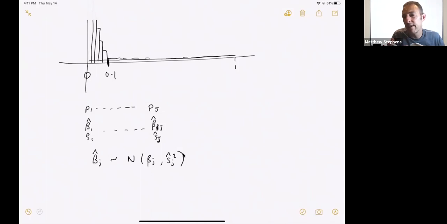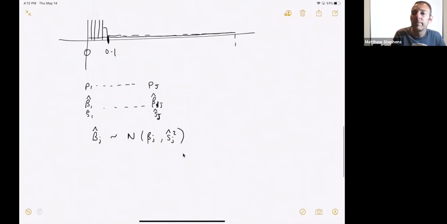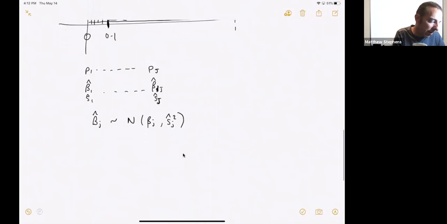If you've got small sample sizes, you might want to take account of the fact that the standard errors were estimated, but let's just assume that the standard errors are big enough that we can make this assumption. You might also think of that as saying that under the null, these z-scores are normal 0, 1.